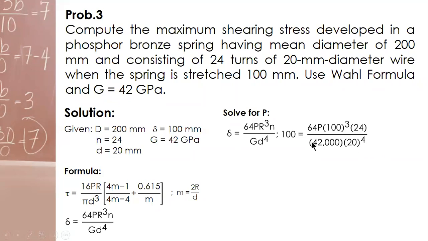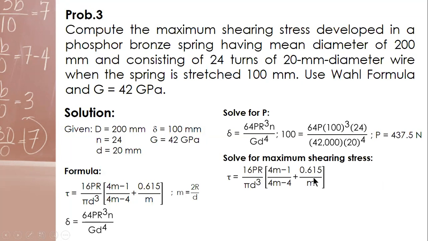And then simplify, use your calculator. Na kay P equal to 437.5 newtons. After this, substitute na nimo sa formula sa stress, mao na dayon. So, solve for the maximum shearing stress.